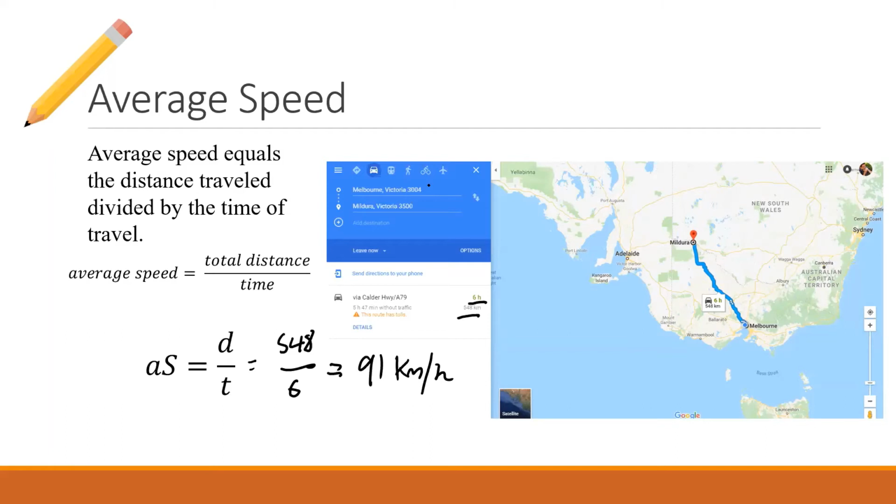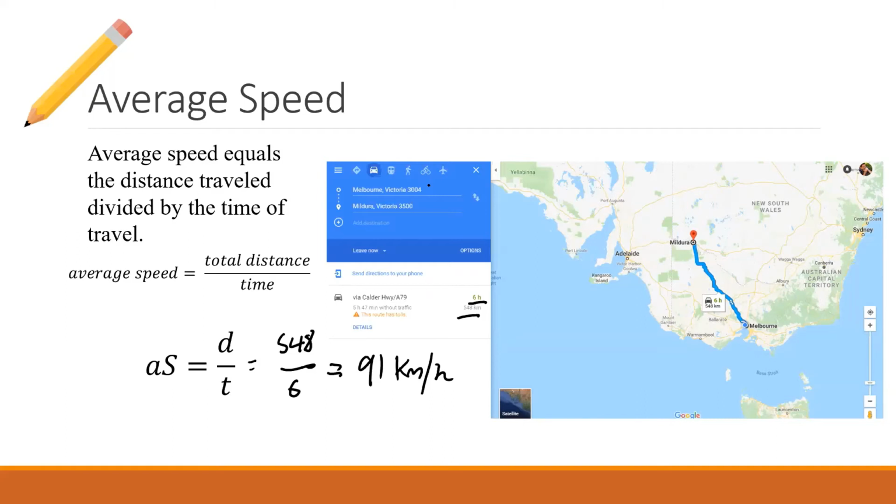That means you're probably not going to be spending much time traveling at 91 kilometers per hour. Most of the time, you're probably going to be traveling faster than that, 100 kilometers an hour. But the reason your average speed is under 100 kilometers an hour is because you still spend some time going less than 100 kilometers an hour.